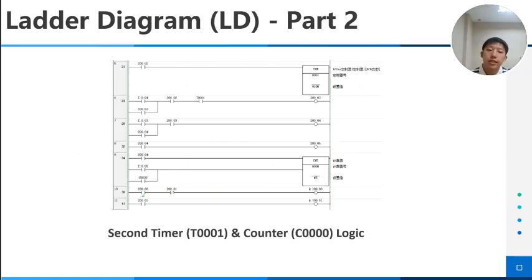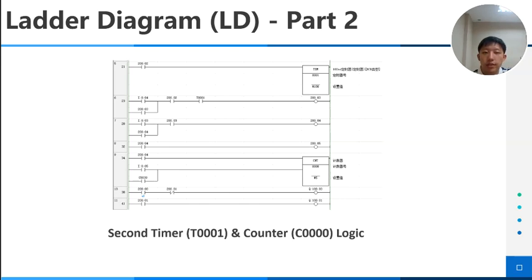Moving on to the second part of the LD program, network 21 has the second timer T000001, also set for 10 seconds, controlling the second piston. Network 23 is control logic.